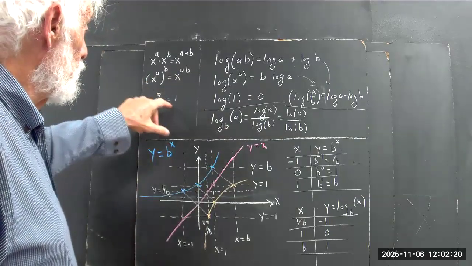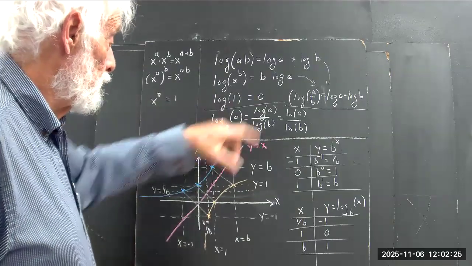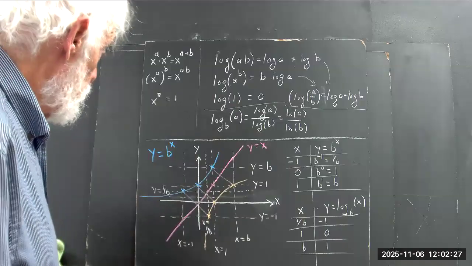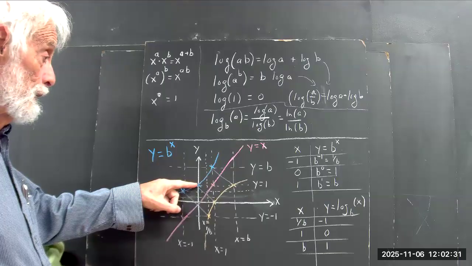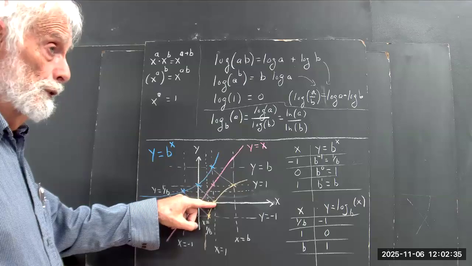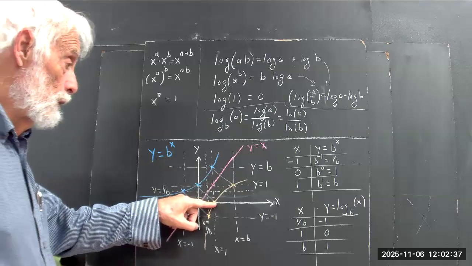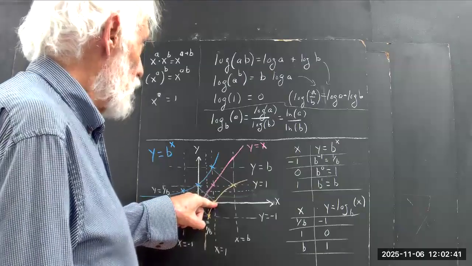And then x^0 = 1 means the same thing as log 1 = 0. That's because here you have the point (0, 1), which says that x^0 is 1. And when you reverse the coordinates, you have the point (1, 0), which says that y is 0 when x equals 1.